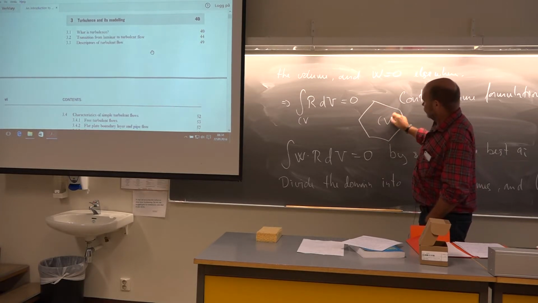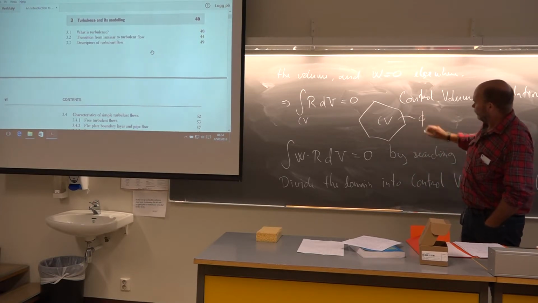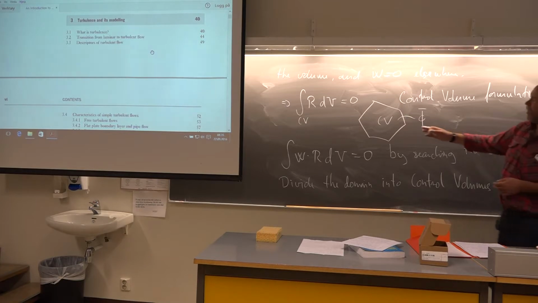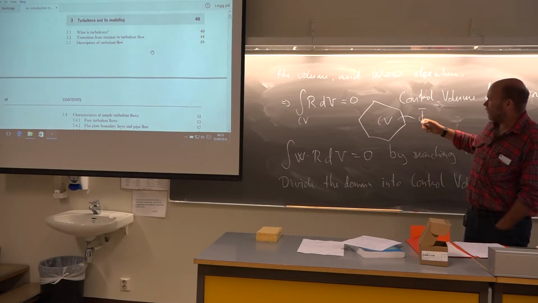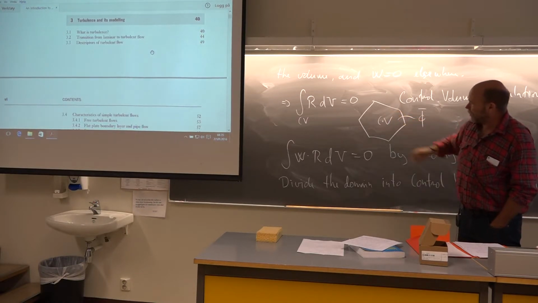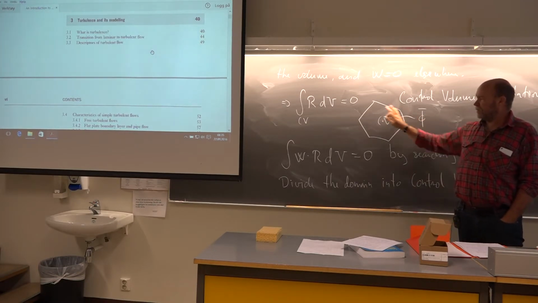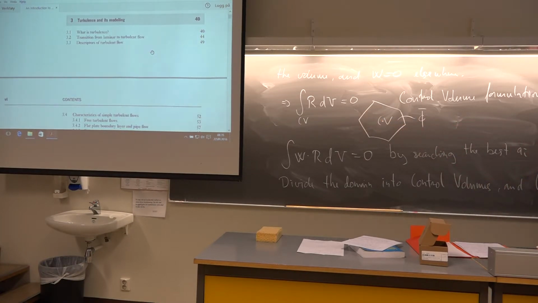Inside this control volume, you have your unknown phi approximative somewhere inside. How can it vary inside this volume? Typically, the easiest way, you will have one single value for it, maybe in the center, and then you say it is constant inside this volume. Constant. Okay, clearly very simple finite volume.